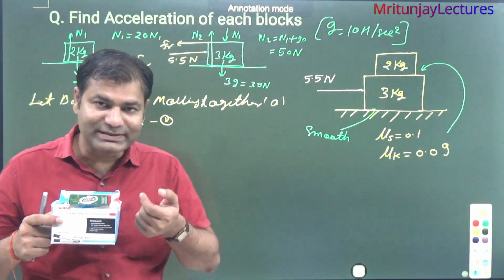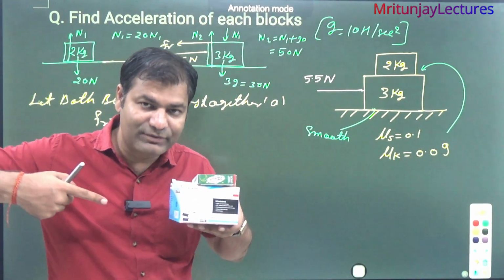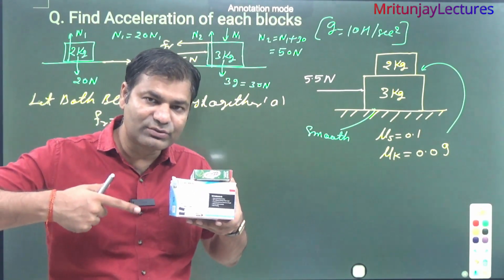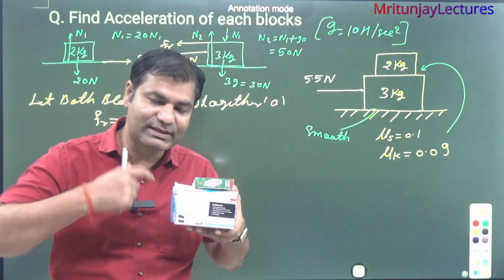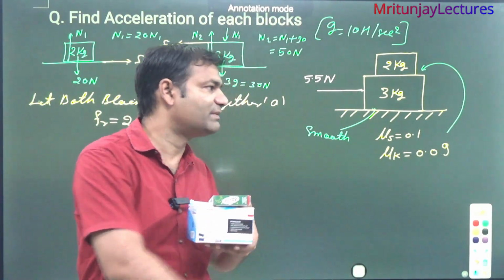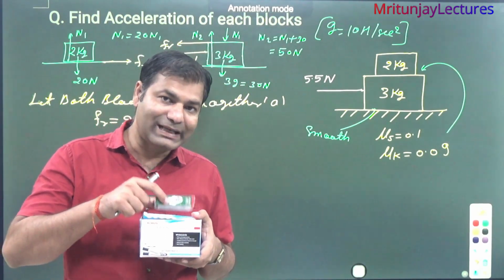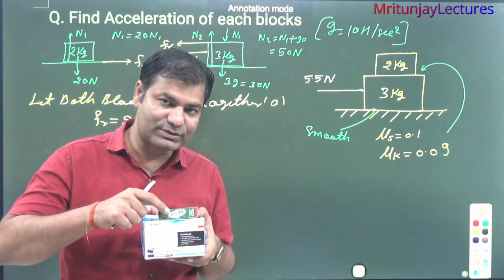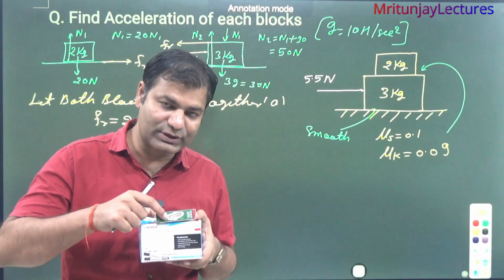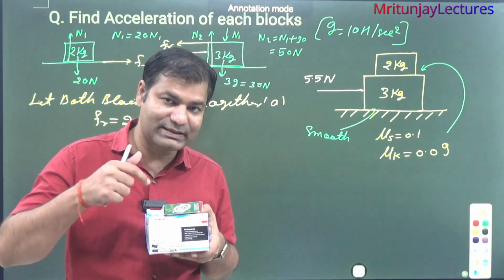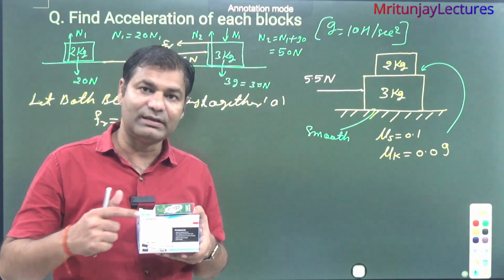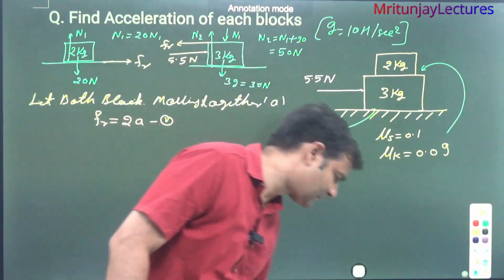Okay, if we apply a force on the 3 kg block, how many Newtons is it? 5.5 Newton force on the 3 kg block, in the positive x direction. The surface is smooth, and the 2 kg block also applies a force on the 3 kg block in the opposite direction, by Newton's third law.